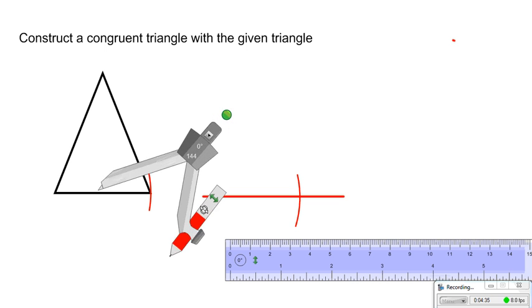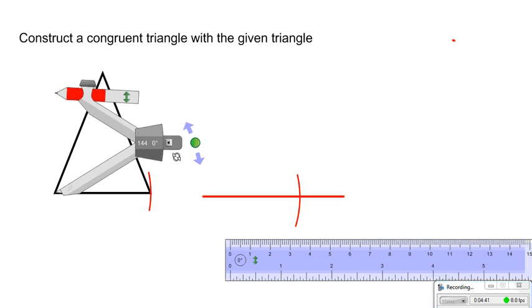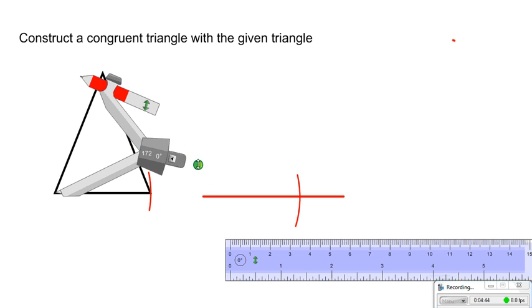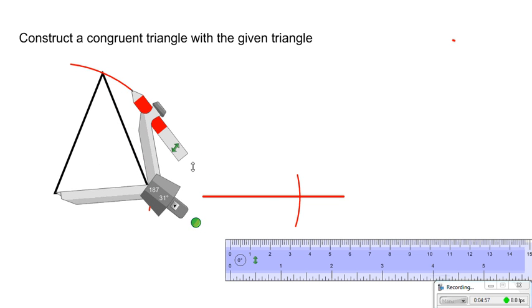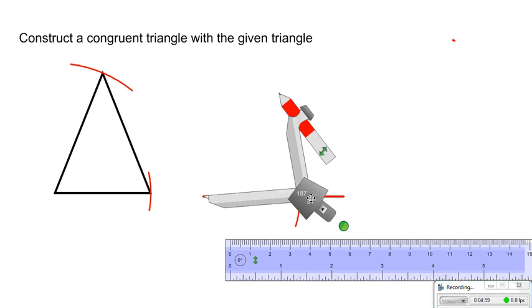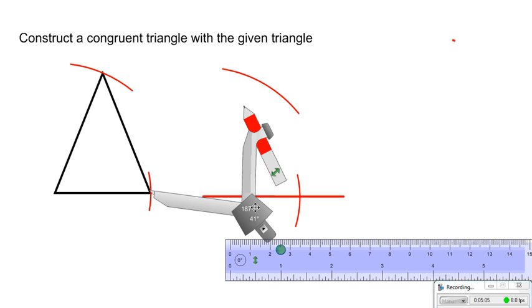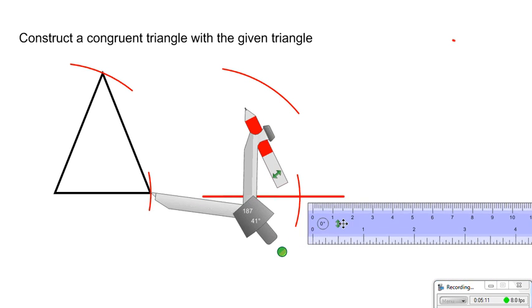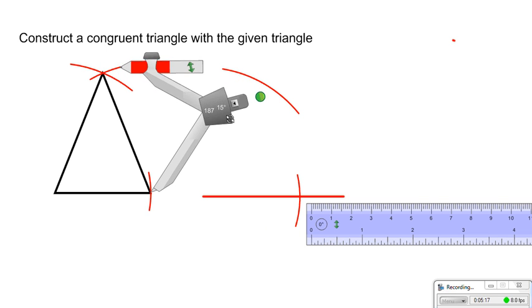Now, next, I'd like to measure another side. All right, so that will be the length of the second line segment. It should be around there somewhere. A third line segment would have been... actually, it's going to be about the same line.